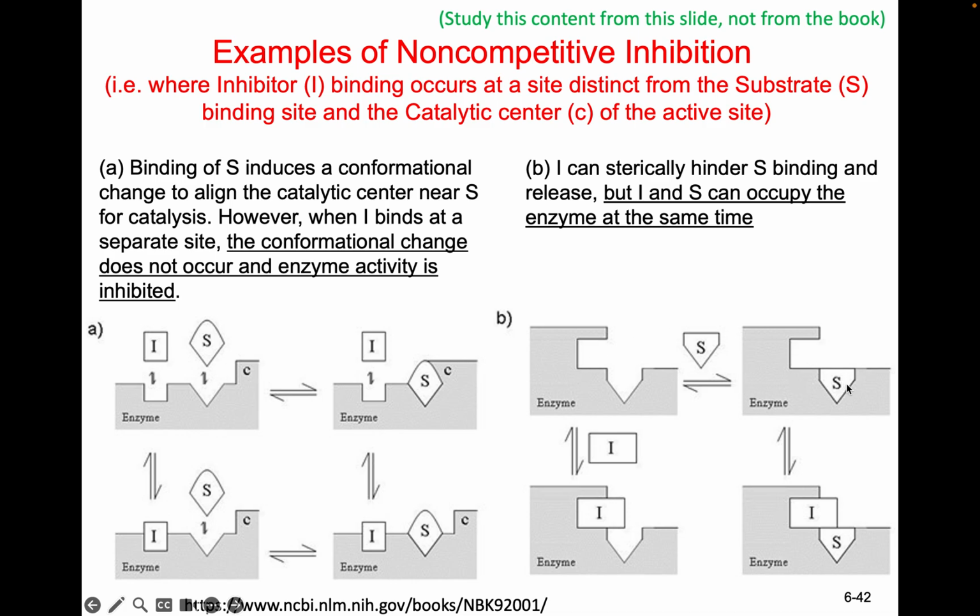So as you can see here, you have two states. This is the free enzyme, and the inhibitor binds perfectly, or this is the enzyme substrate complex. So you can see the inhibitor can still bind. And when this binds, it really prevents this induced fit model from happening. So that's what occurs. This is how it can inhibit.